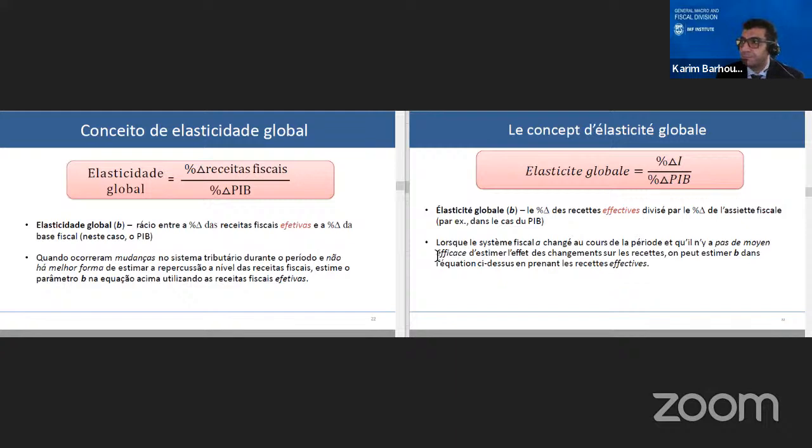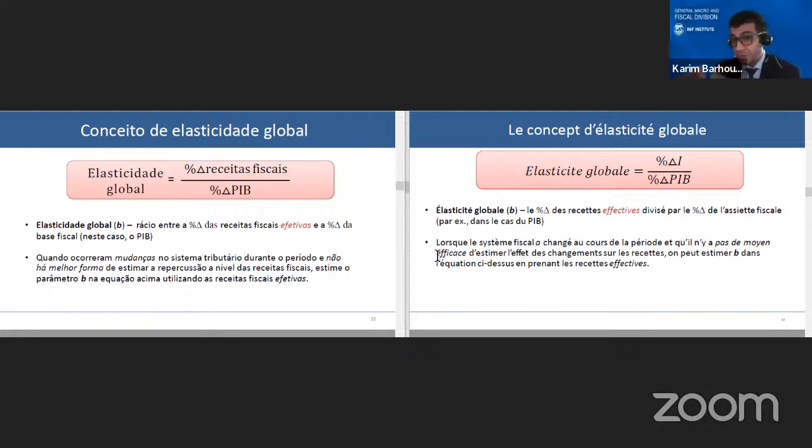Looking at buoyancy and elasticity is also very important. Why? Because these two concepts allow us to see what is the ultimate trigger of revenue changes.